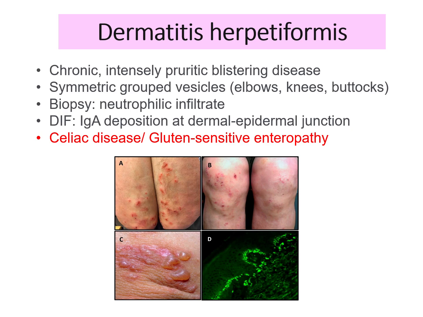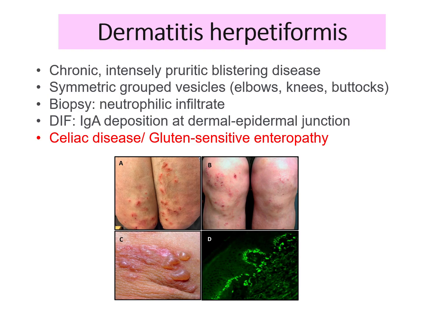Again, a disorder which could be associated with an underlying GI disorder is dermatitis herpetiformis. These patients present with extremely itchy vesicles and/or small blisters. These most often are on the elbows, on the knees, on the buttocks, sometimes on the scalp, on the hands.